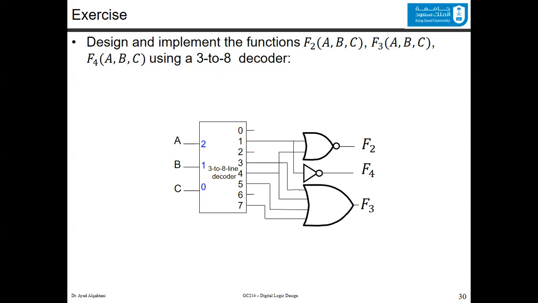So the idea here, the usual case is you are using OR gates in all the functions. If you have 3 functions, you will have 3 OR gates. However, sometimes it's a smart idea to use the complements and manipulate the minterms to get smaller gates. Here we have only an inverter and an OR gate.